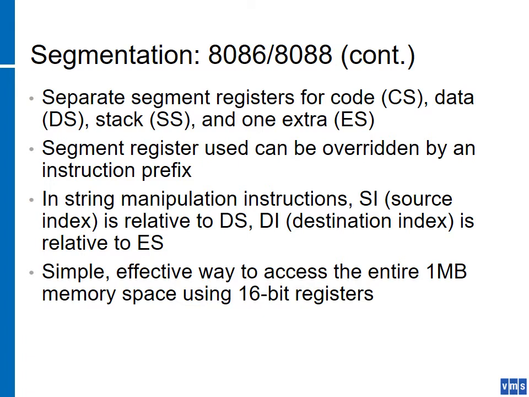So if you're moving data around, they came up with a way to make it a bit easier to move data from one 64-kilobyte segment to another. But it means that you need to be aware of this. If you just go coding it and think everything references the DS segment, all of a sudden you get a surprise. So this is a simple, effective way to address the entire 1 megabyte memory space using 16-bit registers.